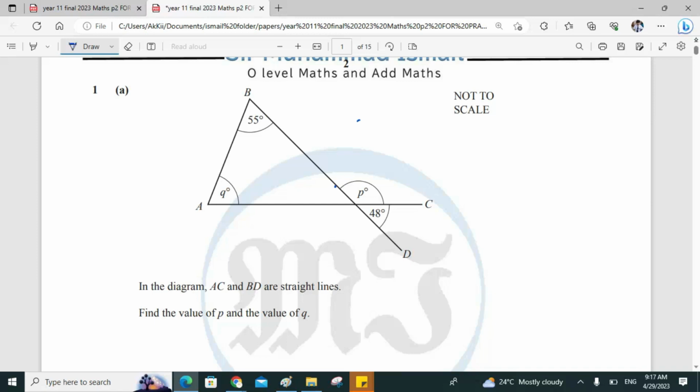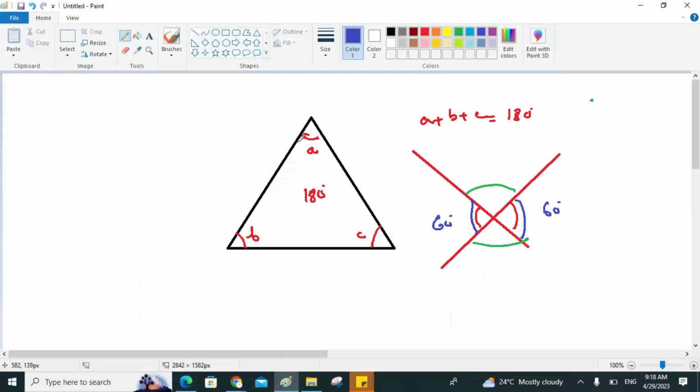Over here you can see that this is a question related to the triangle, and I already told you that this is the fact which you need to keep in your mind: if there is a triangle, the sum of all its interior angles must be equal to 180 degrees, right? So this is one of the facts which you need to keep in your mind.